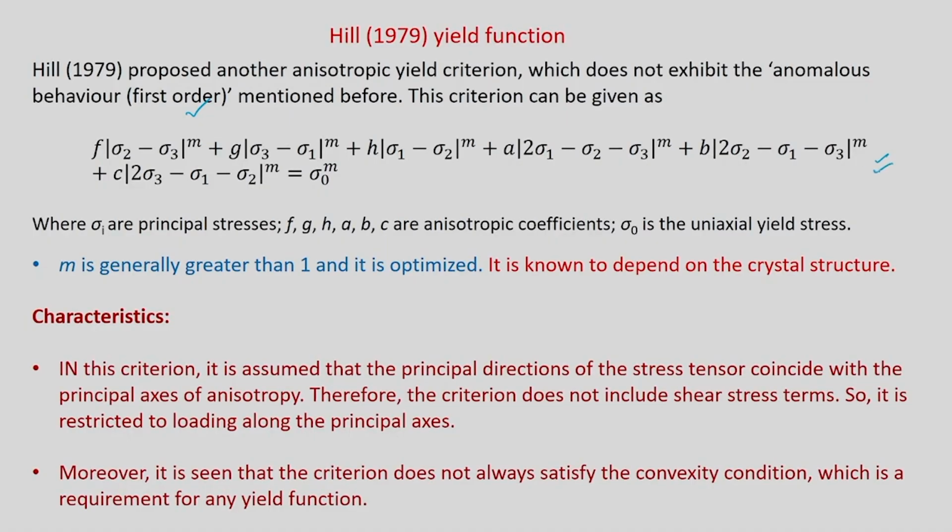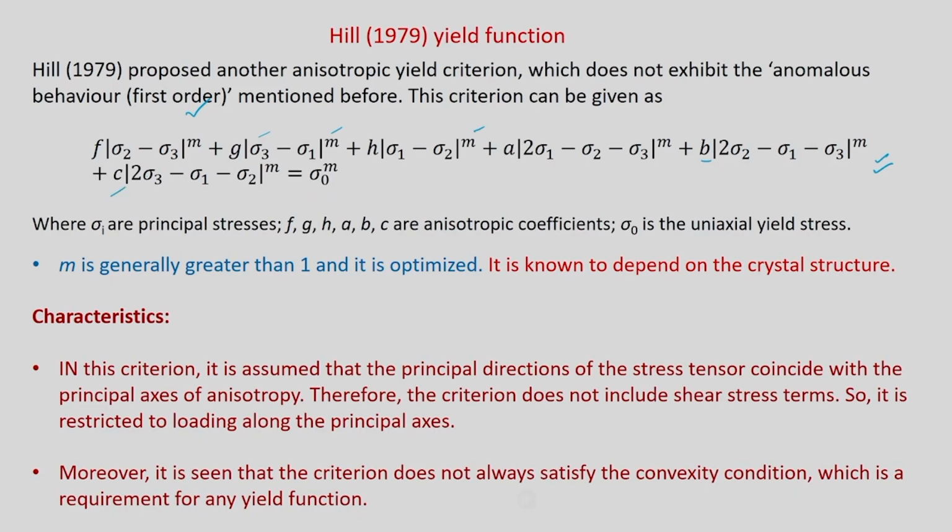To avoid that particular problem, he proposed another yield function which is given here, a little bit complex, but values are simple. F sigma 2 minus sigma 3 power m, G sigma 3 minus sigma 1 power m, H sigma 1 minus sigma 2 power m, then you have A, B, C coming into the picture, and that will be equal to sigma naught power m.